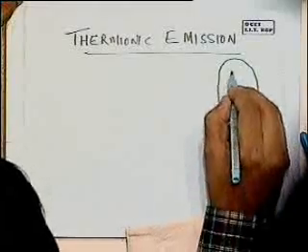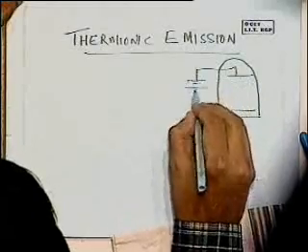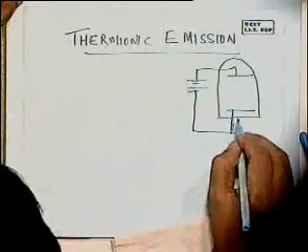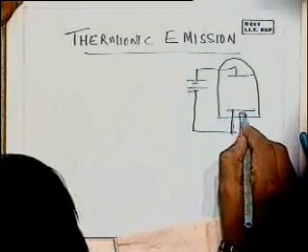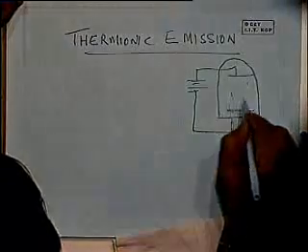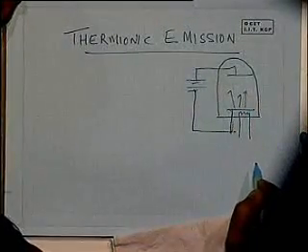To make use of this in a real device, what we did was to enclose the whole thing in a vacuum. And then between the cathode and the anode, we apply a voltage. In addition, we provided a separate heat source to heat up the cathode, and so electrons come out into a vacuum sealed envelope.